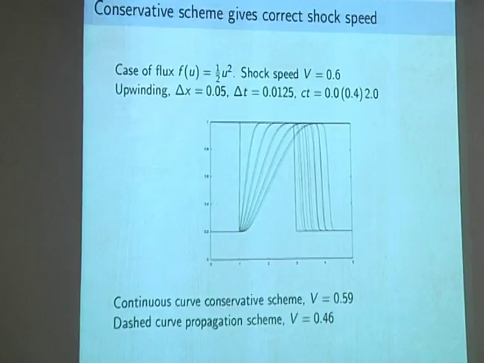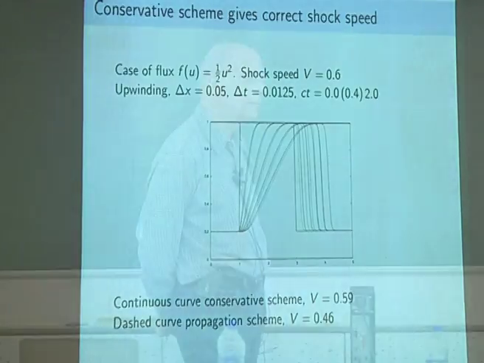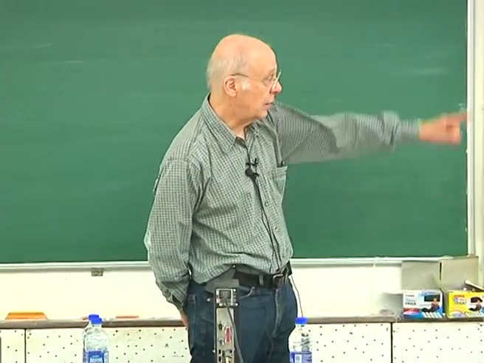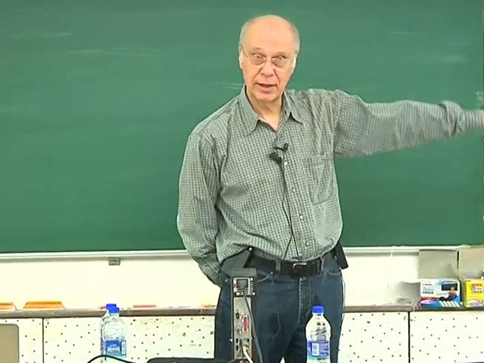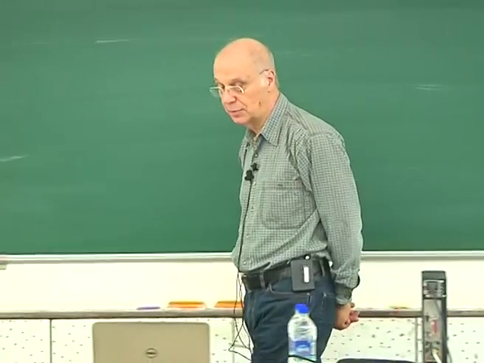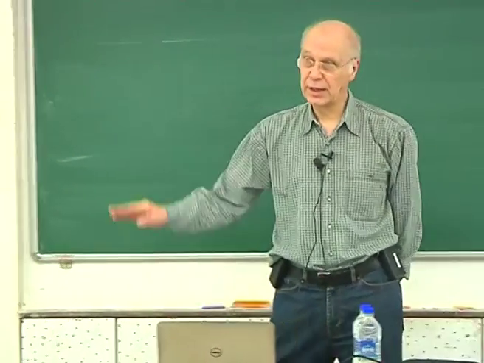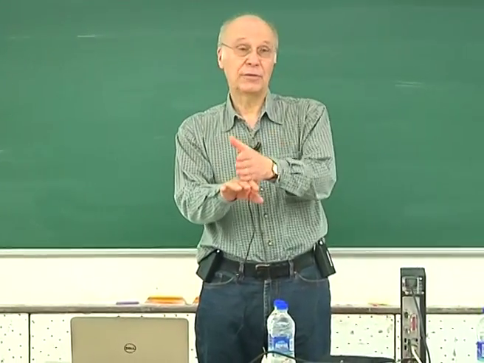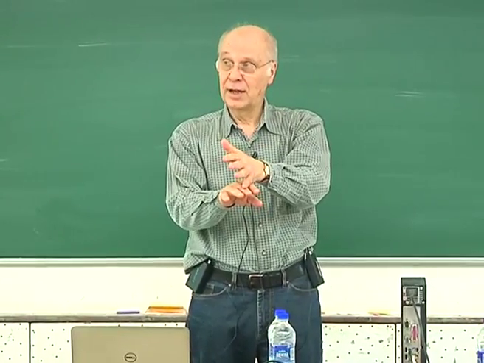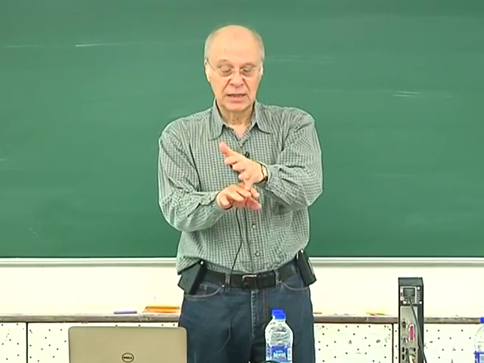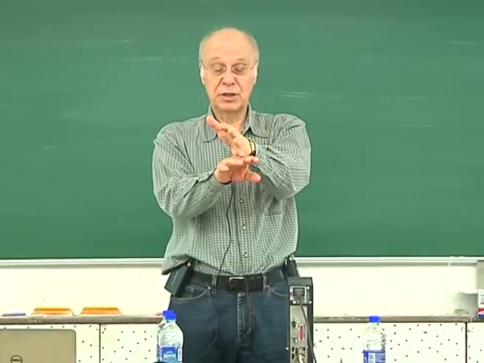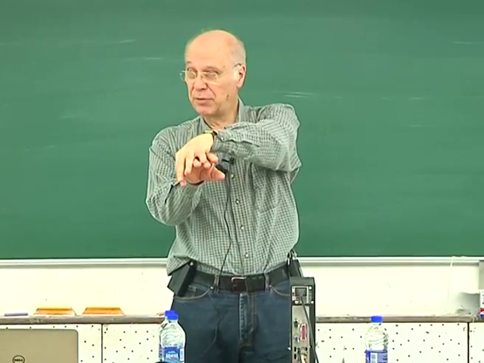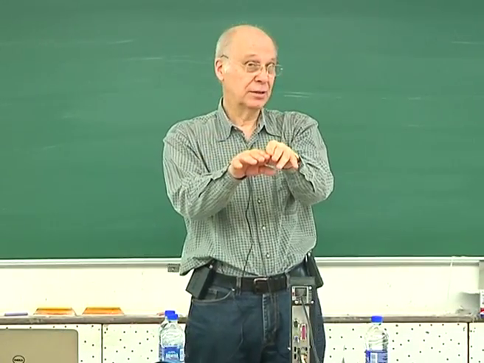There are many applications where you'd like the speed of the shock wave to be precisely right, rather than having quite a large error here. For example, on a supersonic aircraft wing, you have a shock wave coming off, and where the shock wave is changes the difference between one pressure before it and one pressure after it.